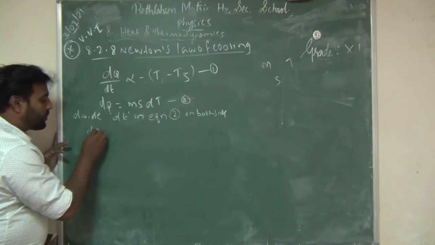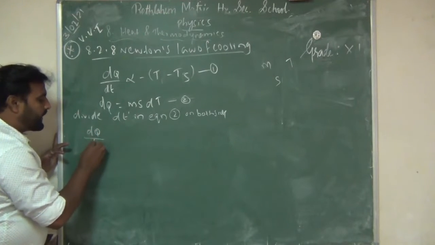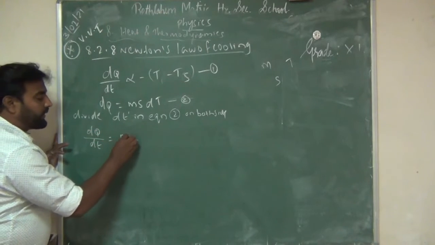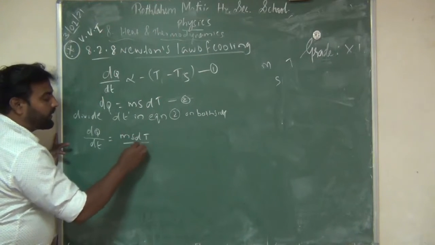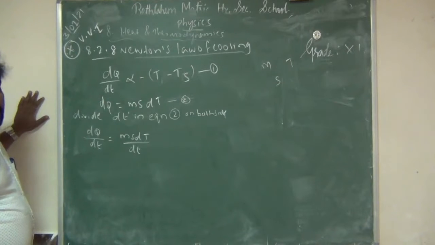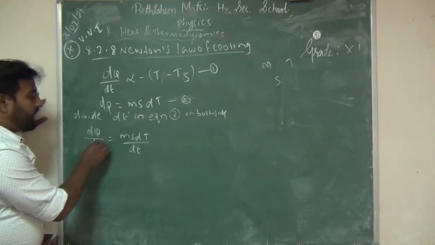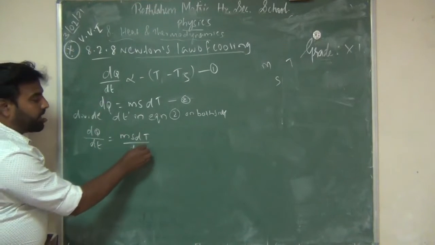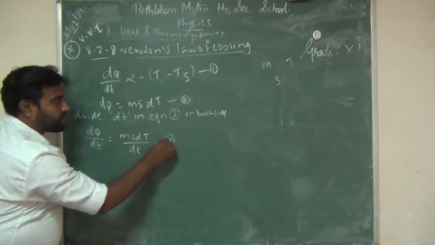So dQ by dt is equal to m s dT by dt. Now dQ by dt you got is m s dT by dt. This you can keep as equation 3.